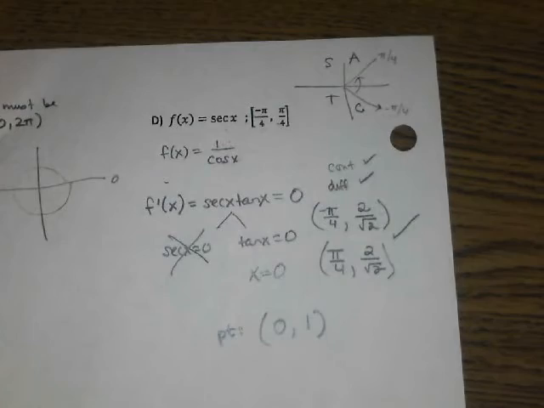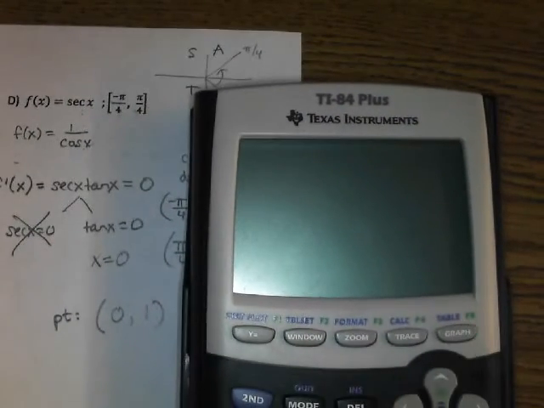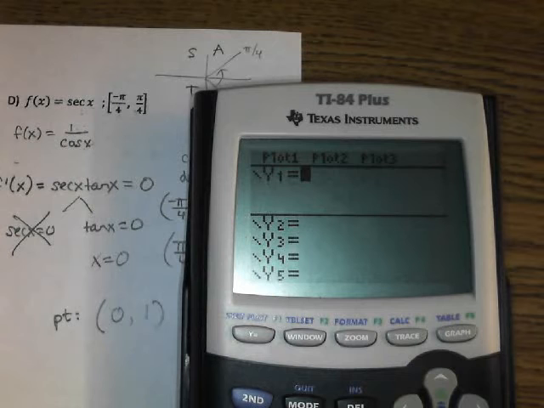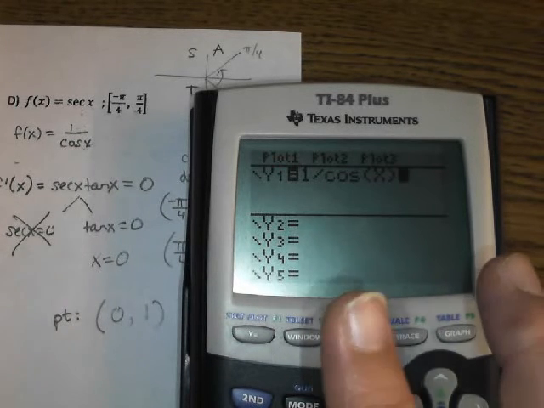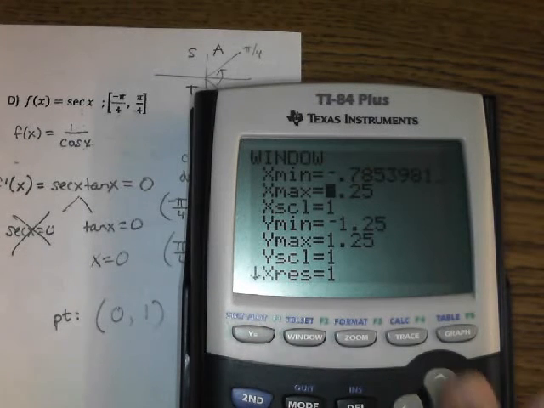I'm going to do my interval from negative pi over 4 to positive pi over 4. I'm going to count by, I don't know, pi over 4. We'll do pi over 8 just for fun. Negative 5 to 5.